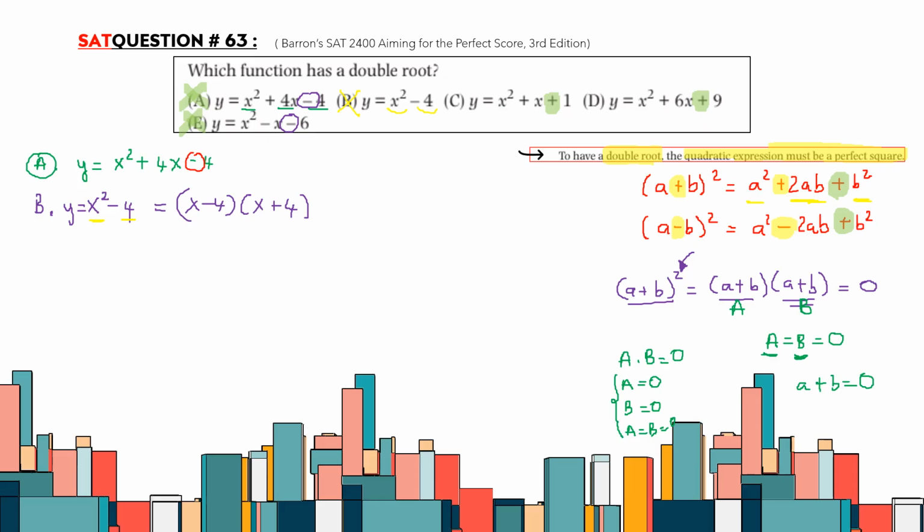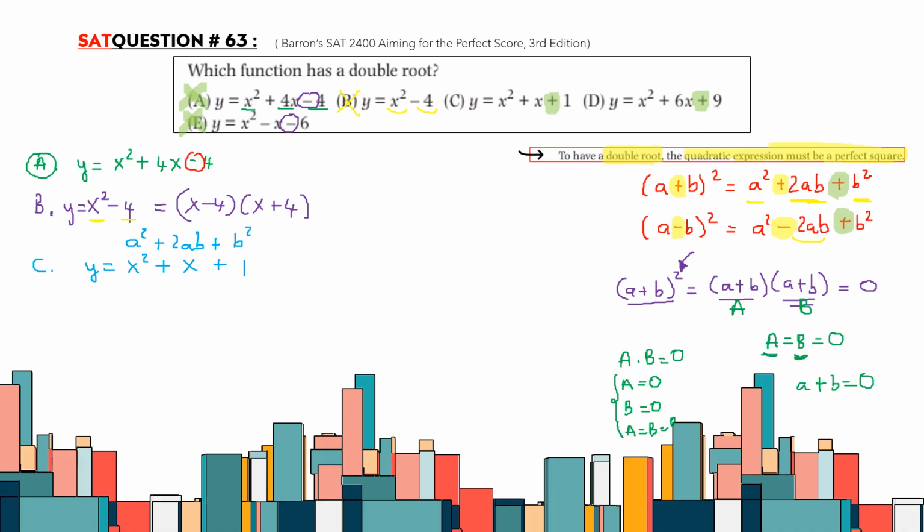Then what we have left is C and D. Look at C. Remember, the second term always has plus or minus 2 times a times b. C is y equals x squared plus x plus 1. We have a squared plus 2ab plus b squared. See that x is a.